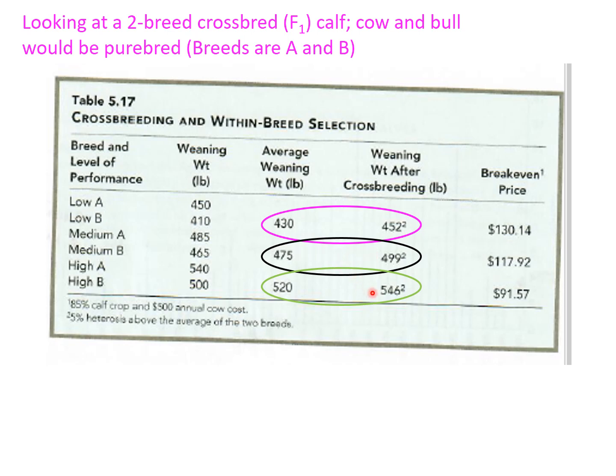Now that's just not always true, because if you used a high A bull and a medium B cow, the calf would probably not beat the high A bull. Let's just do that for example. Let's say we used 540. We used a really good bull of breed A, so that's 540. And let's say we had medium quality mama cows of breed B, that's 465. We add those two together, we get 1,005 pounds.